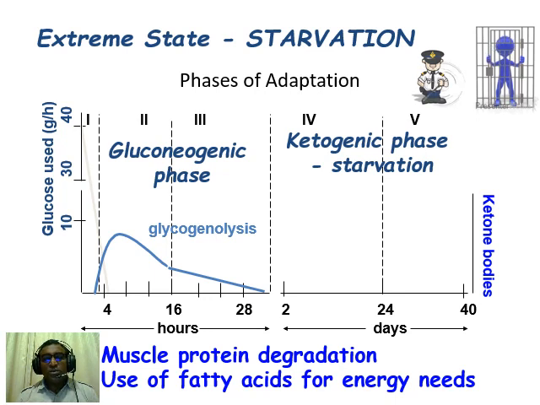Initially in stage 1, hope you can see there is a line there, very faint, that is the line of glucose, where the free glucose found in the blood is used, post-absorptive glucose, where you can see within 4 hours it is all finished already. Then the muscle as well as the liver start to use the glycogen through glycogenolysis, but that also is completely finished within 28 hours.